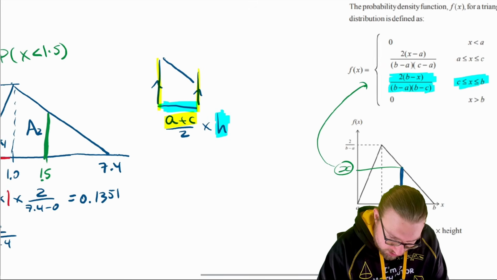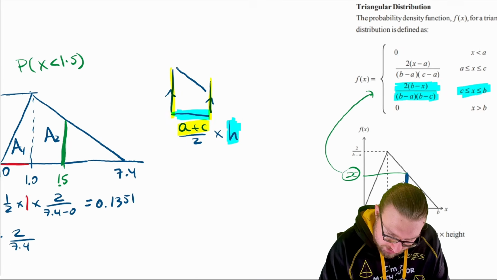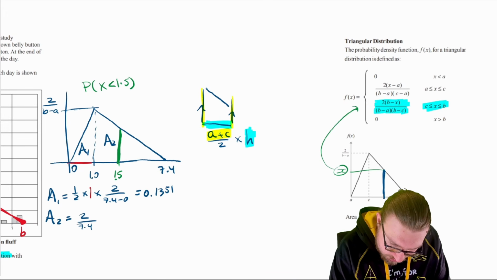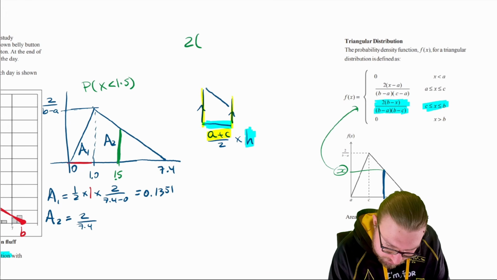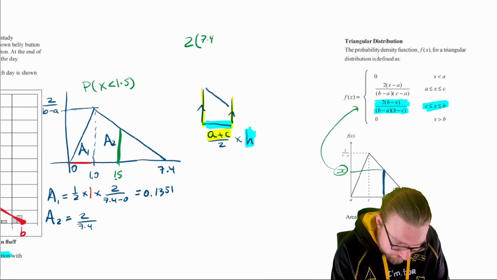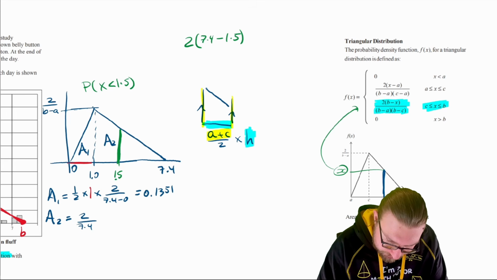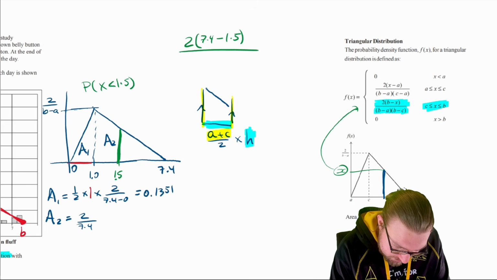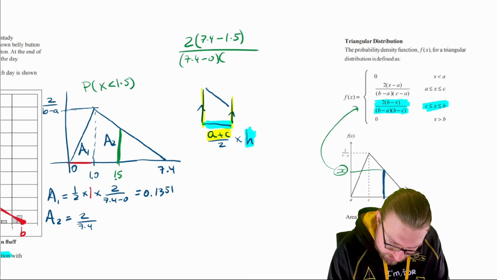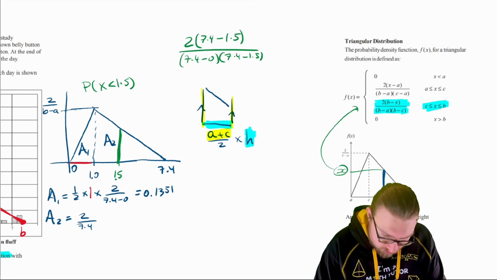So let's go back to our formula. We're going to chuck that in. The height here would be 2 times B, which is 7.4, minus x, and in our case x is 1.5, that is our value, divided by b minus a, so 7.4 minus 0, multiplied by b minus c, which is 7.4 minus 1.